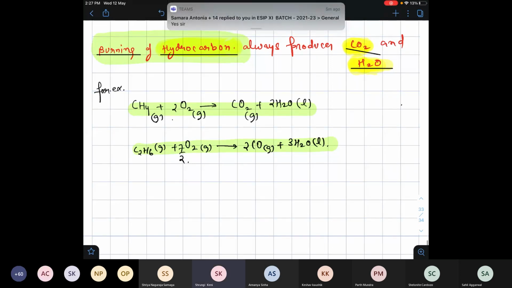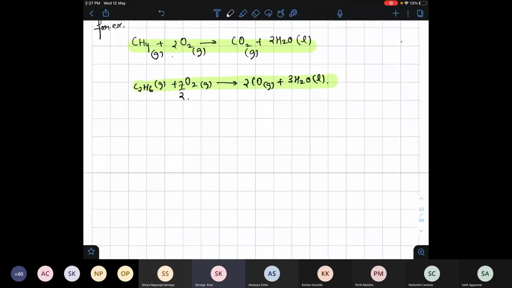Okay. Now we will see the balancing of combustion reaction. Sir, the second reaction should be CO2. Yes, that's it.